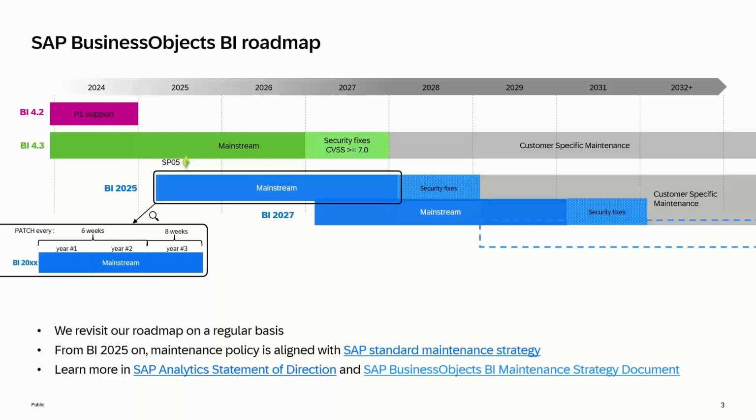Entering into a lower level of detail, for each version, we will obviously deliver fixes in patches if needed. The pace will be a cumulative patch every 6 weeks during the first 2 years, and then every 8 weeks.